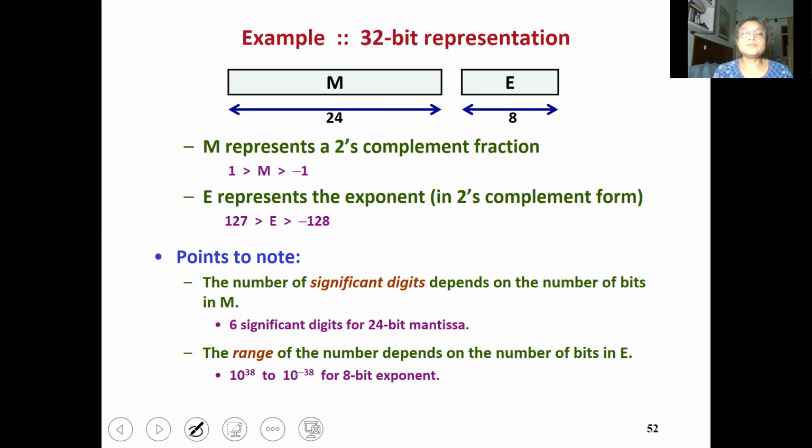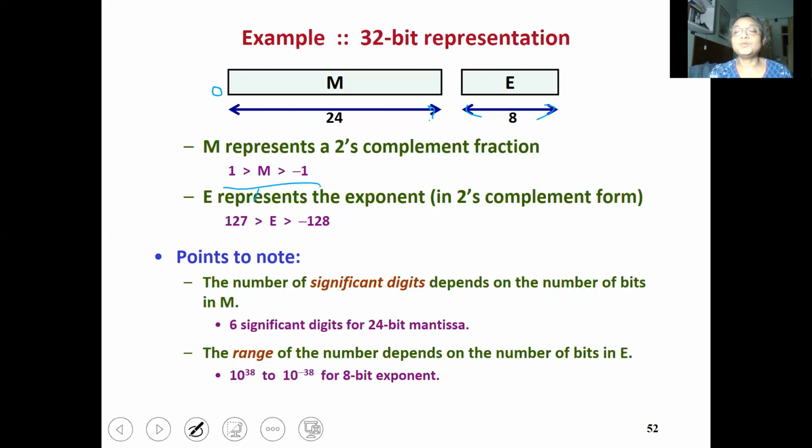So suppose you have a 32-bit floating point number. This is just a thought exercise. Suppose you use 24 bits for the mantissa and 8 bits for the exponent. And for m, we assume that there is a decimal point to the left of it. Therefore, the largest m is bounded by 1 and the smallest m is bounded by -1.